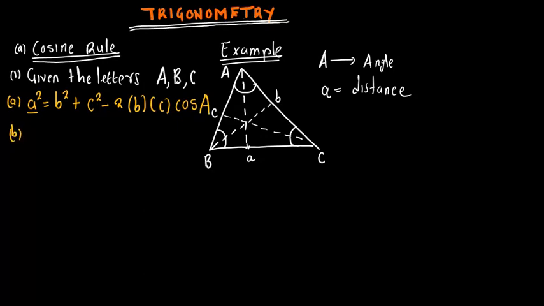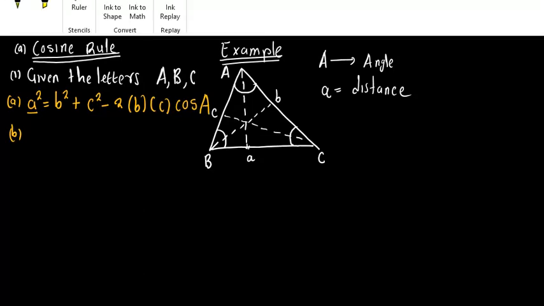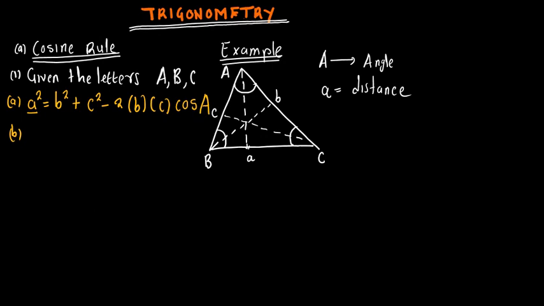Let's try to do the second one. How about if we're using B? How is the formula going to be? If I'm to use B, then I'm going to have b squared equal to a squared plus c squared minus, then I repeat the same two letters.